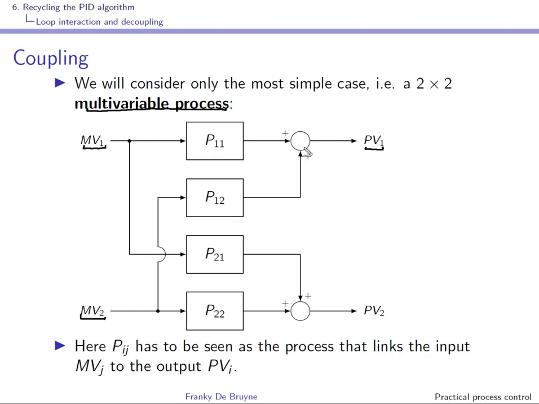But PV1 is also influenced by MV2 through this other transfer function, P12. So Pij is the process that links the input MVj to the output PVi. In this 2x2 multivariable process, there are 4 transfer functions.